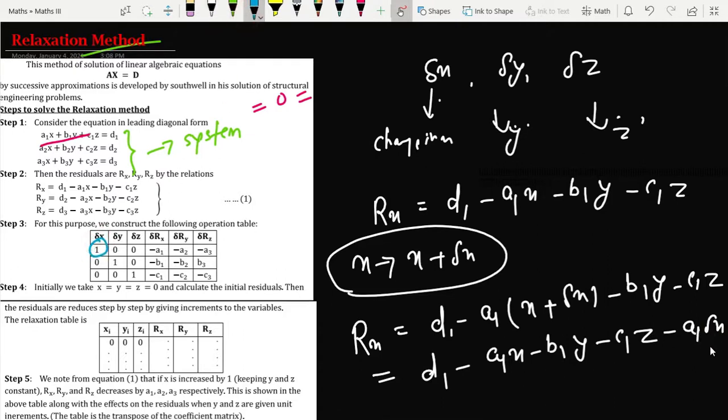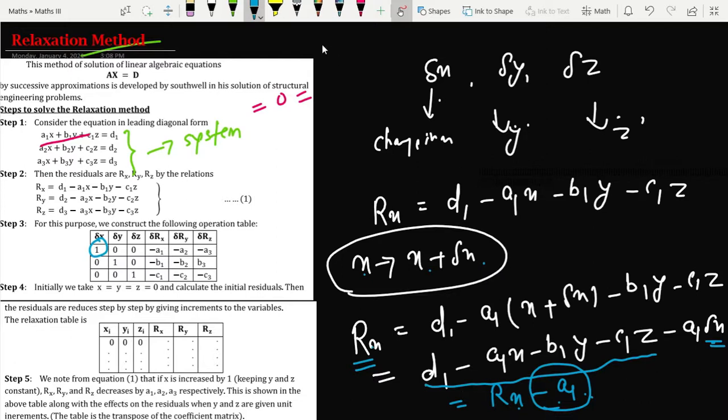Then the first four terms represent the value of Rx, and we get minus a1. So when we change x by x plus delta x, then Rx changes by minus a1. Means there is a change of minus a1 in Rx.